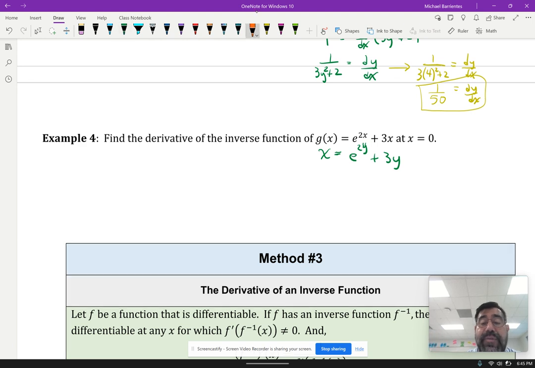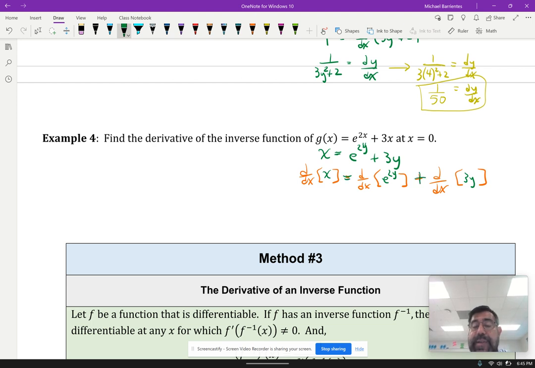Okay, so I'm going to take the derivative with respect to x of this side, and I'm going to set it equal to the derivative with respect to x of the first term plus the derivative with respect to x of the second term. That would be the derivative of x, the derivative of e to the 2y, and the derivative of 3y. Let's put a plus here, yeah?